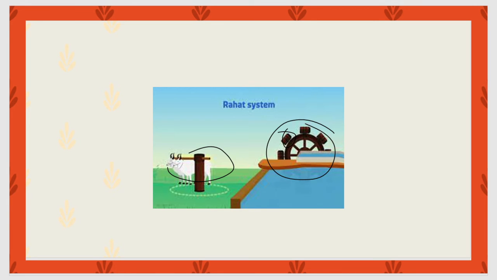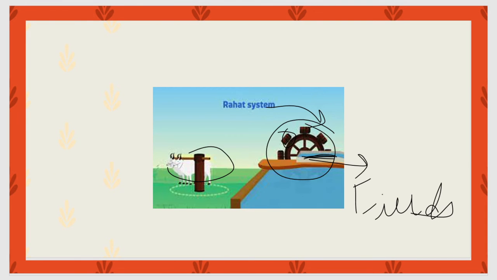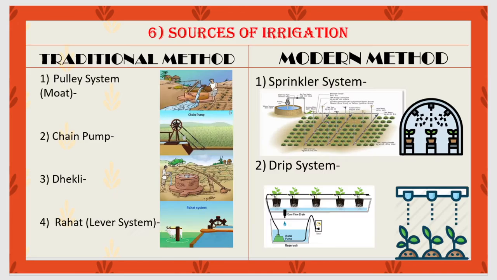The bucket brings water from the downside to the upside and pours it on this container. This container is directly connected to the fields, so it provides the water to the fields.